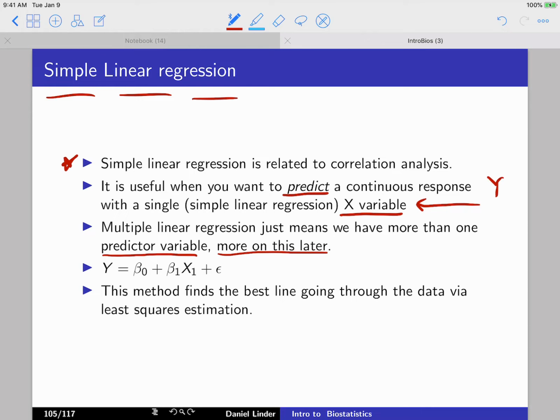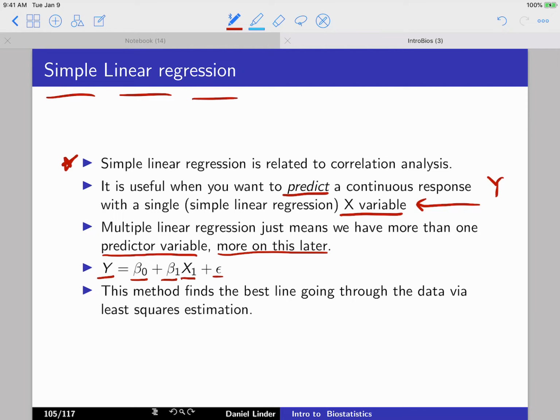But if we're in a simple linear regression situation, our response variable is equal to some linear function. We have an intercept, and we have some parameter, which is a slope, times the value of our predictor variable, plus some random residual.